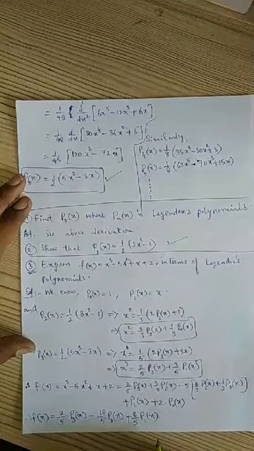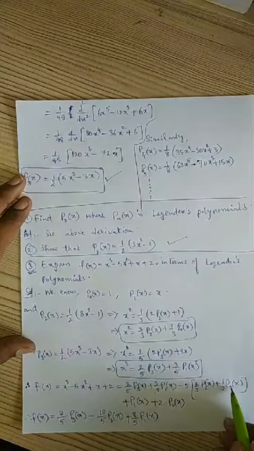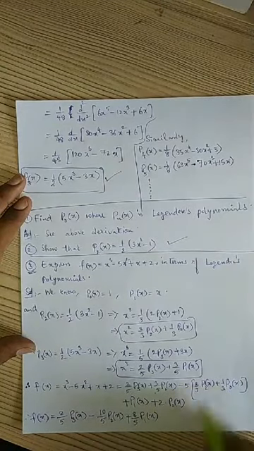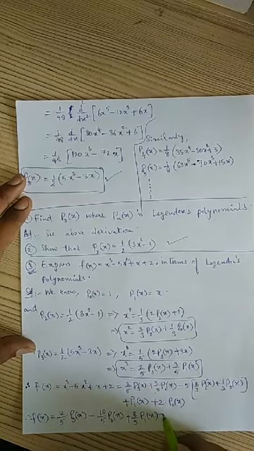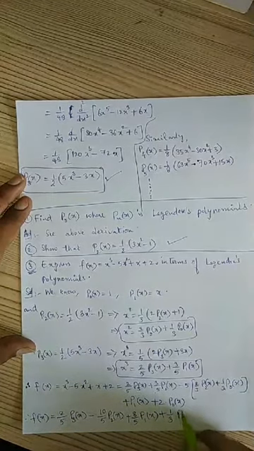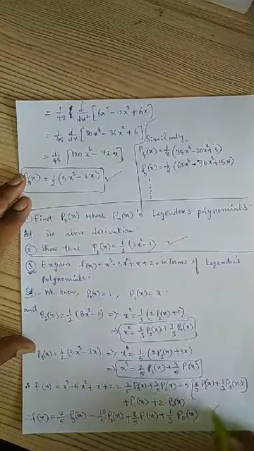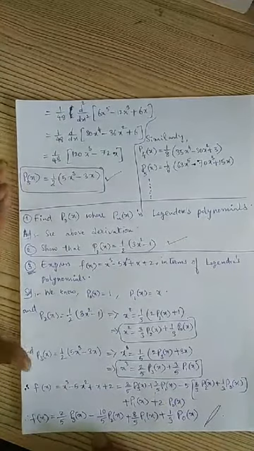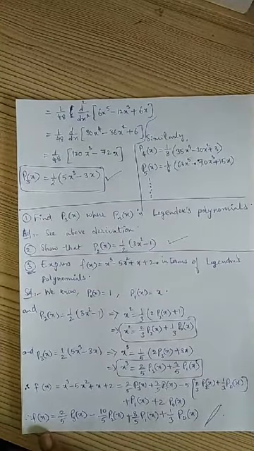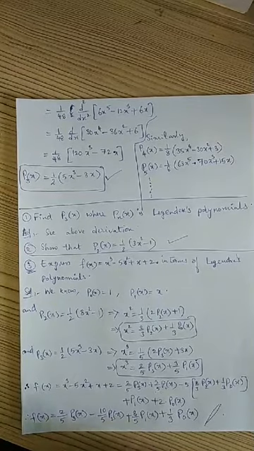Then p naught is here, minus 5 by 3 plus 2. If we simplify, we will get 1 by 3 p naught of x. So this is the required representation of f of x in terms of Legendre's polynomials.